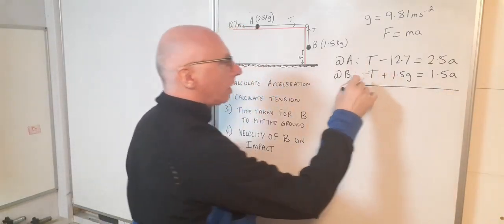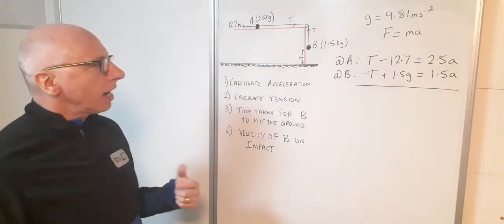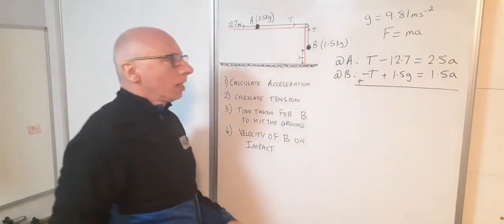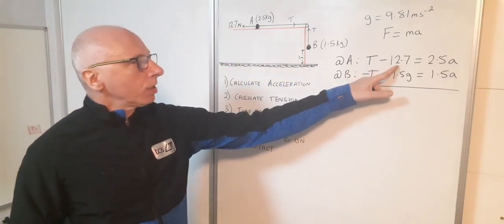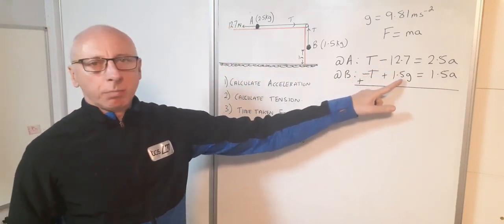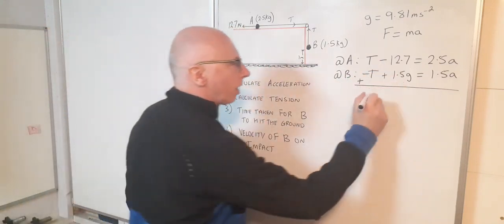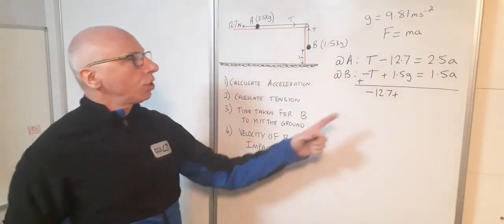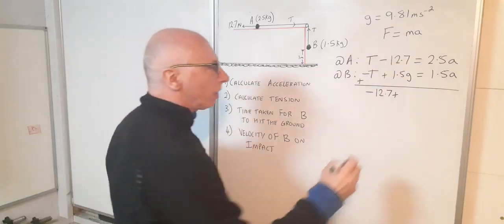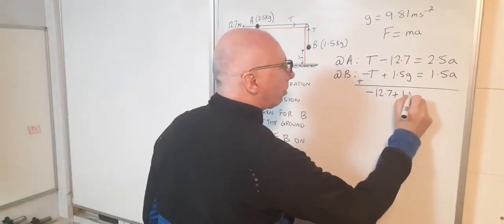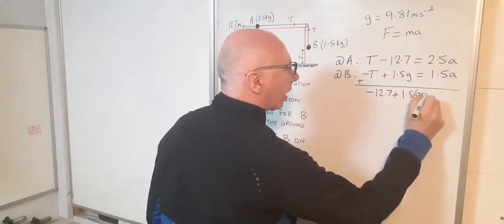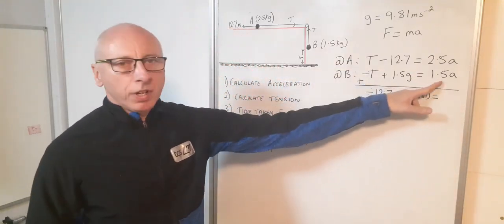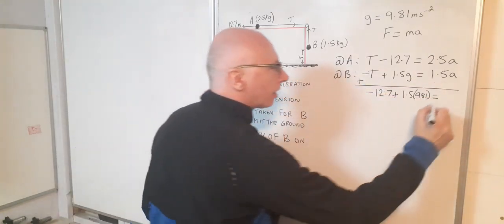With T and minus T, it's always a good idea to add and get the T eliminated first of all. So I've got minus 12.7 plus 1.5 G. If I write that here, minus 12.7 plus 1.5 times 9.81, since G is 9.81, equals 2.5 plus 1.5, that's simply 4A.